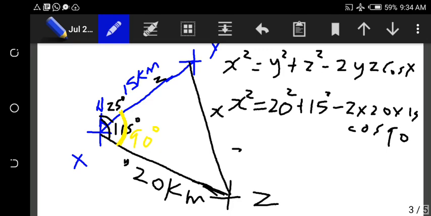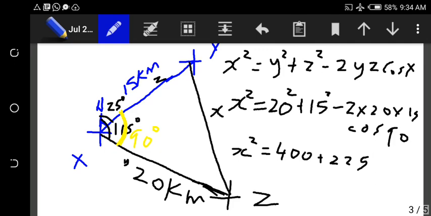So we're having that x squared is equal to 20 squared, which is 400, plus 15 squared, which is 225, and we have 2 times 20 times 15 times cos 90. But cos 90 is equal to 0.